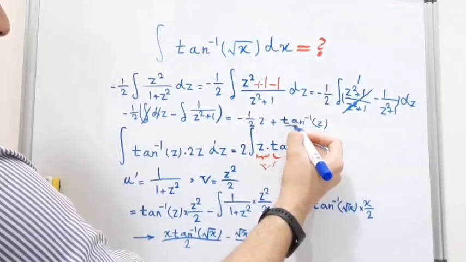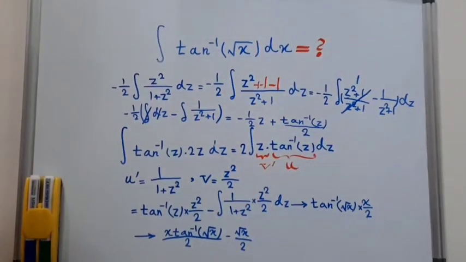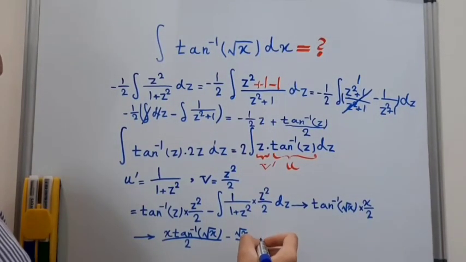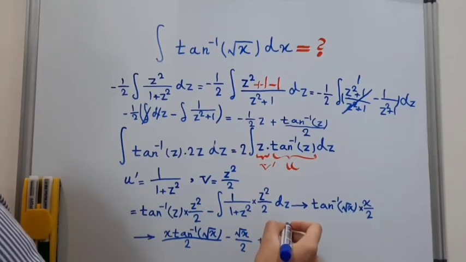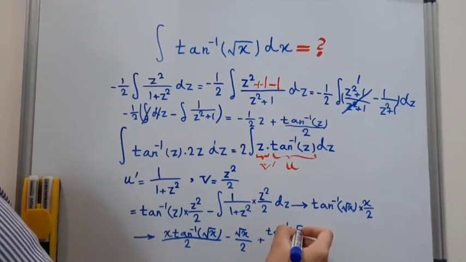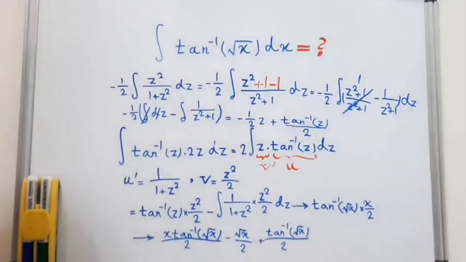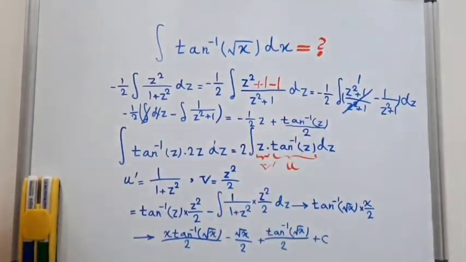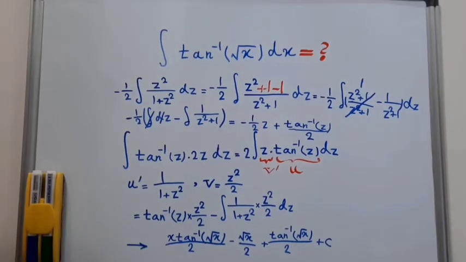I just don't write it for this. And plus tangent inverse root 2x over 2, and plus c if you want. C is a constant, otherwise it's not so important.